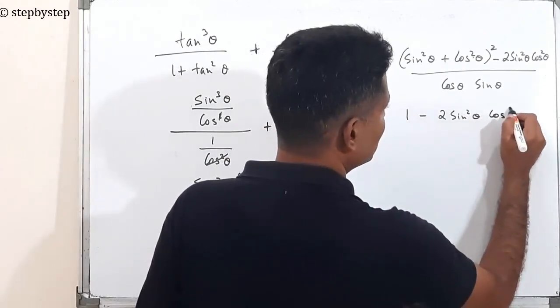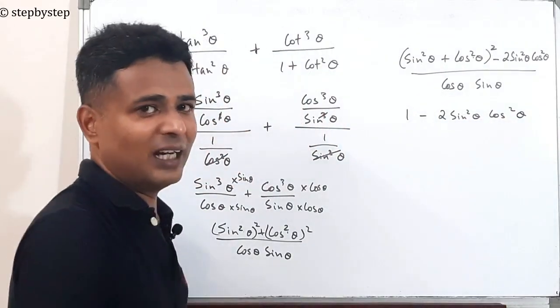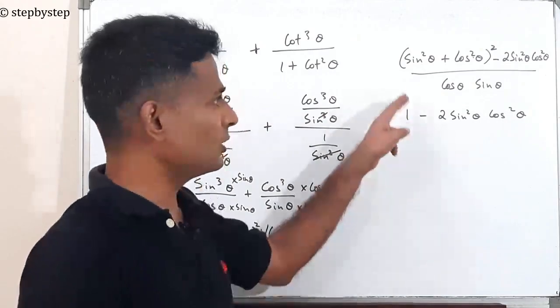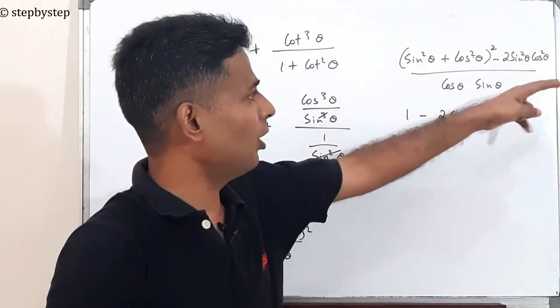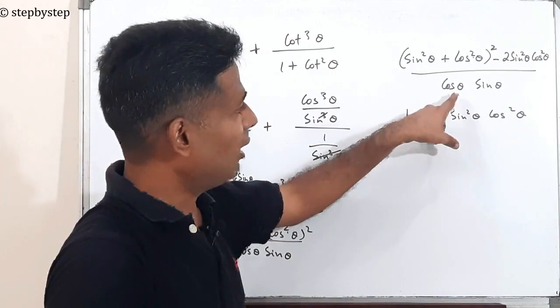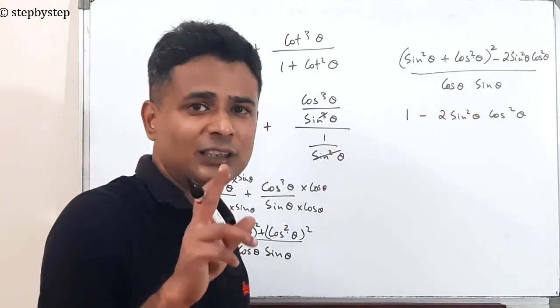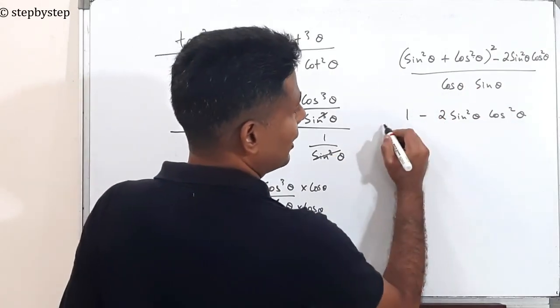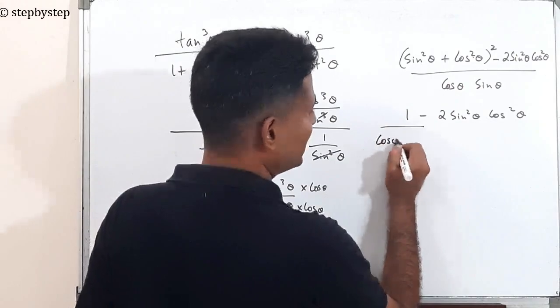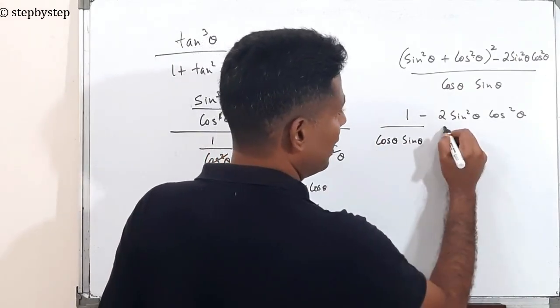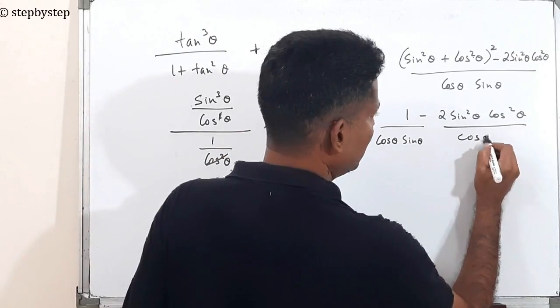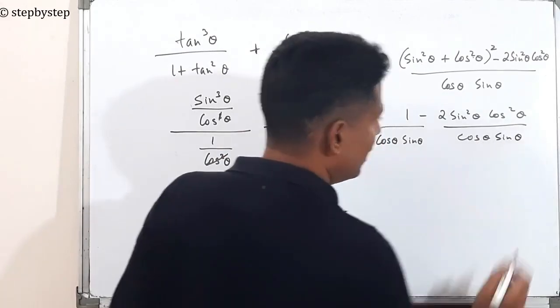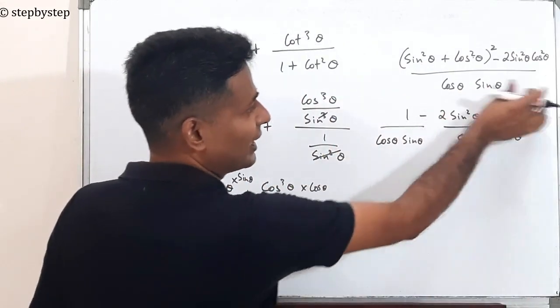Now guys, we have to get cosec and sec on one side, and on the other side we have to get sin and cos. I'll observe, if I split this, that is what is going to happen. So I'll split this. Here I'll write it as 1 by cos theta sin theta, minus 2 sin theta cos theta by cos theta sin theta. Remember, you cannot split cos and sin separately.